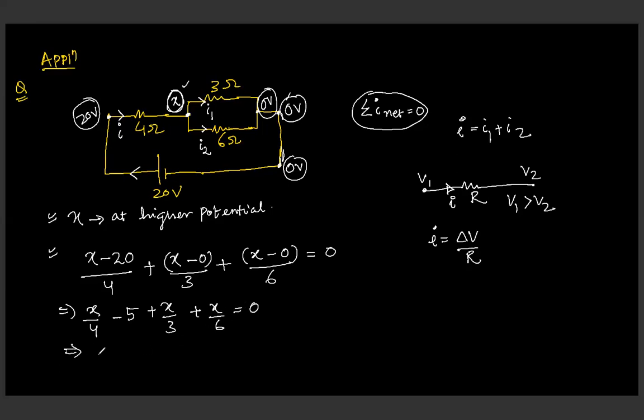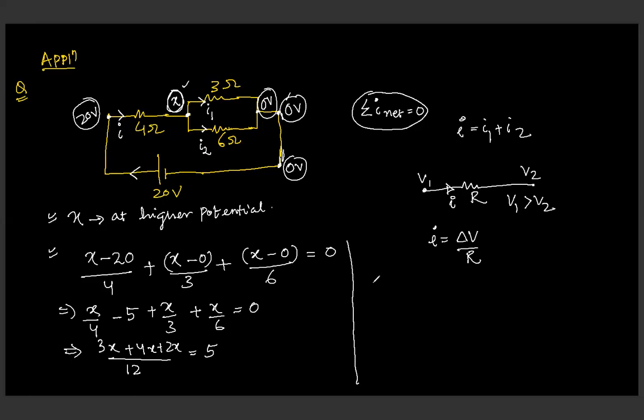So let us bring all the X terms together and take 5 to the other side. If we solve this, 4, 3 and 6 give us an LCM of 12. So this is 3x plus 4x plus 2x should be equal to 5.